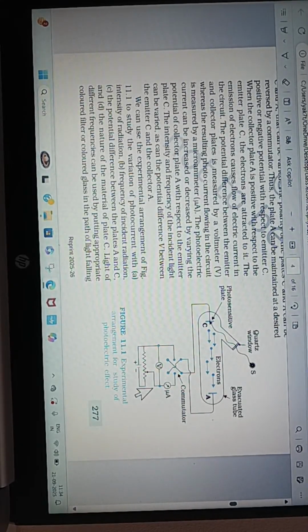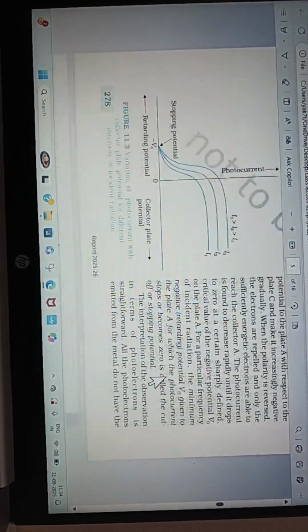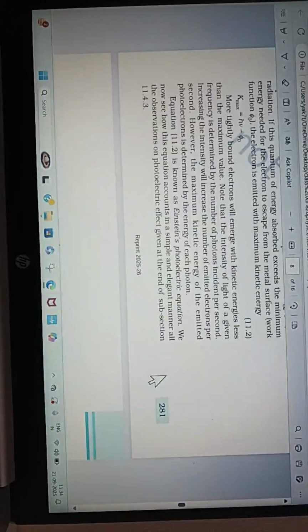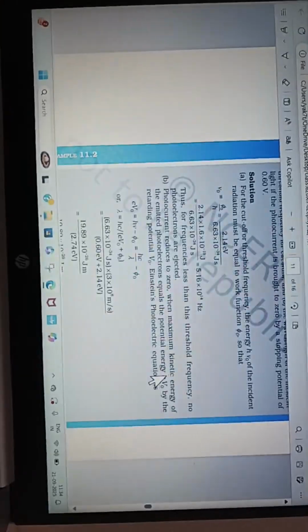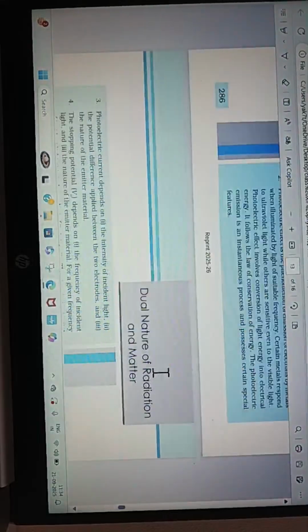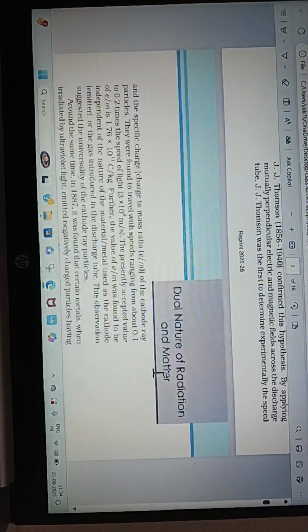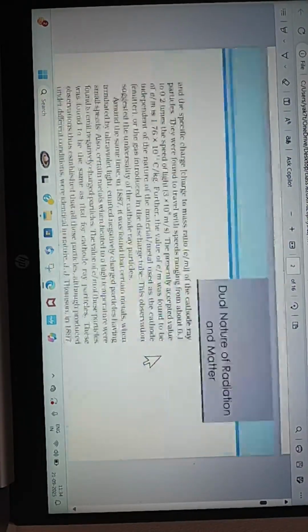Sure, this diagram and another diagram I will tell you: the Geiger-Marsden experiment. It is in the next chapter.